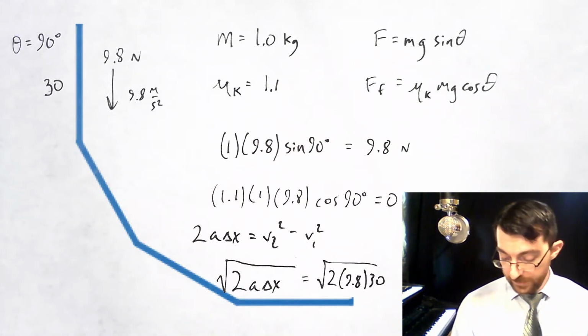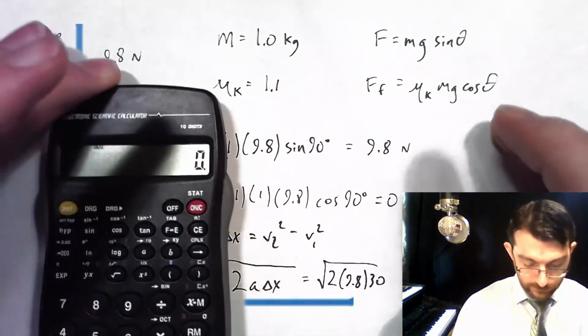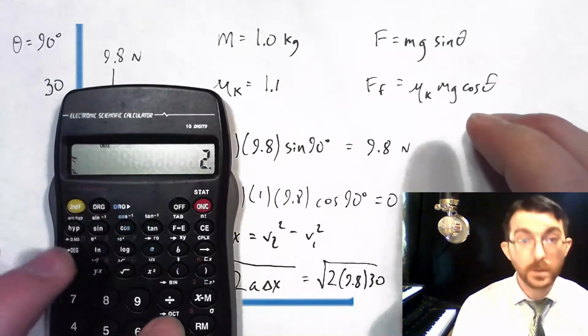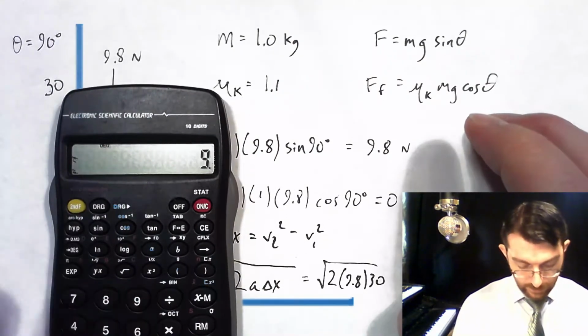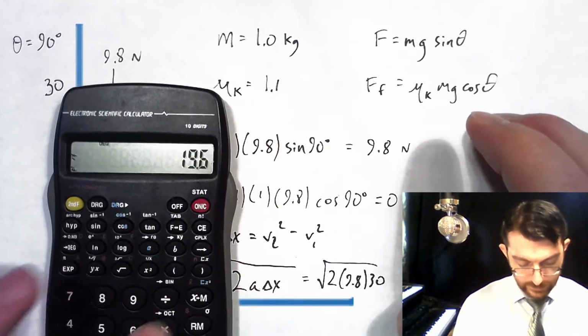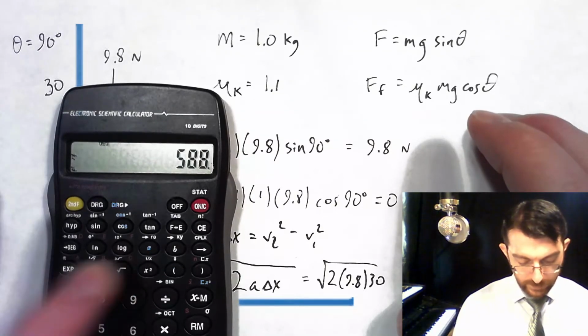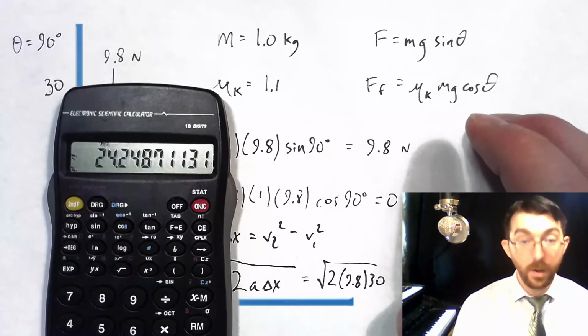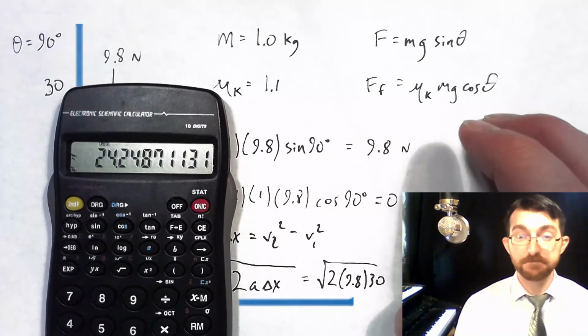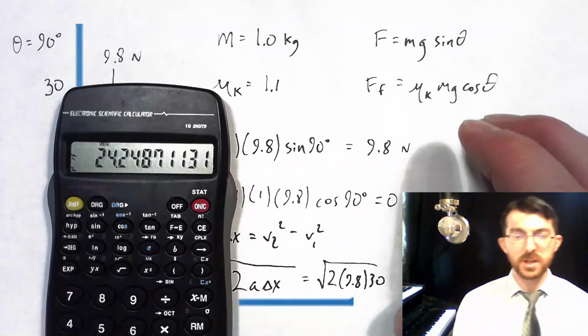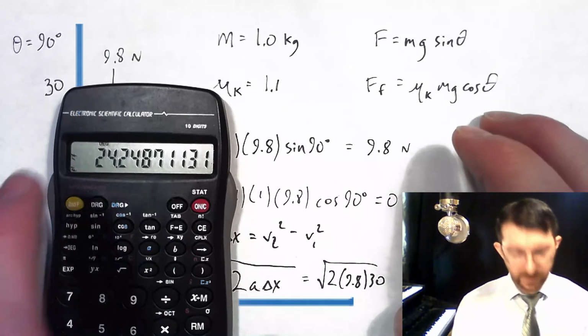Let's just get that. 2 times 9.8 times 30, square root. All right, so 24.2. I guess I'll keep the extra decimal point just in case I need it for later. 24.2.